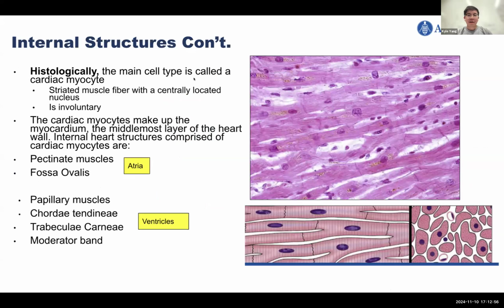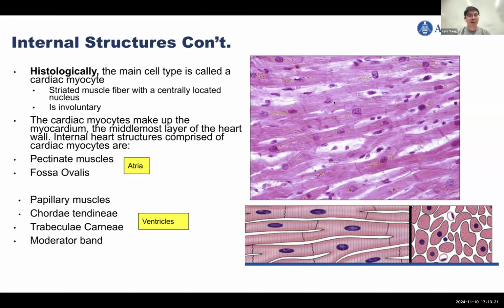Okay. Moving on to the internal structures, histologically, the main cell type is a cardiac myocyte, which we can see here. It is a striated muscle fiber, and it has a centrally located nucleus, and you can see the nuclei on these cells right here, these sort of dots. The cardiac myocytes make up the myocardium, which is the middlemost layer of the heart.